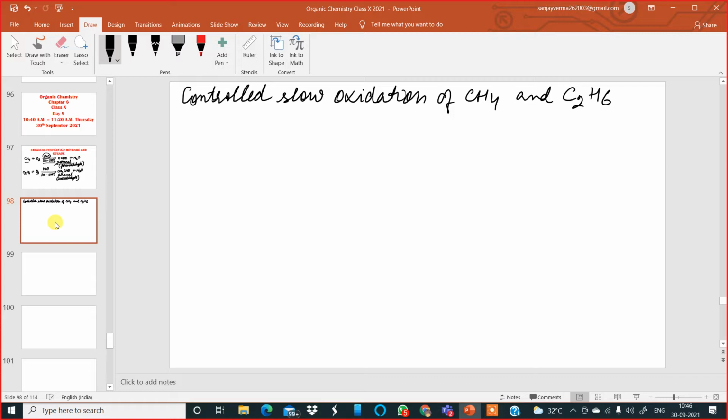This controlled slow oxidation of methane and ethane is carried out in the presence of an oxidizing agent.